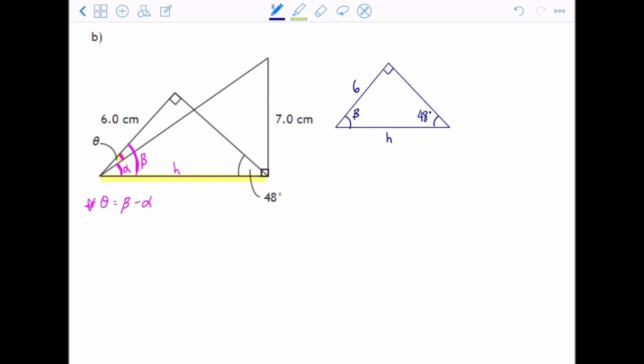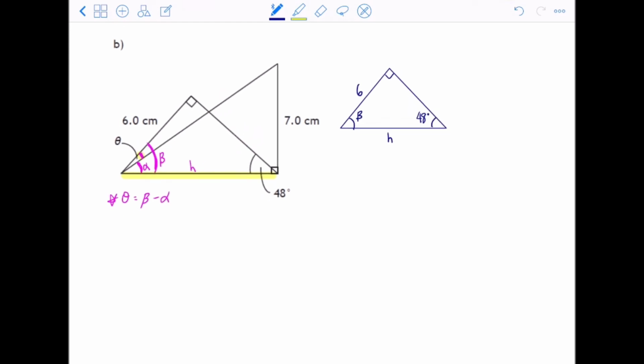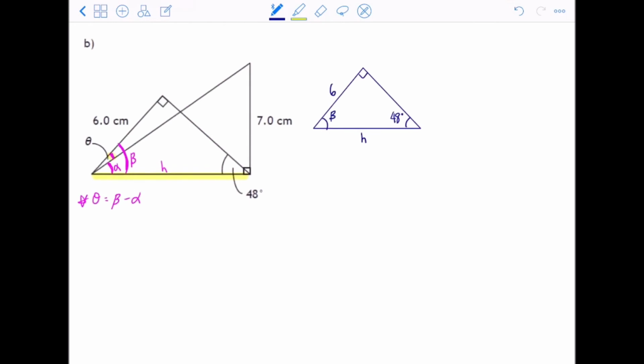We don't know what beta is, but you can quickly solve that first using the sum of interior angles inside a triangle. Angles inside a triangle must add up to 180 degrees.